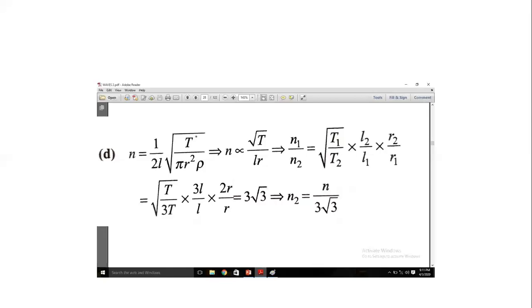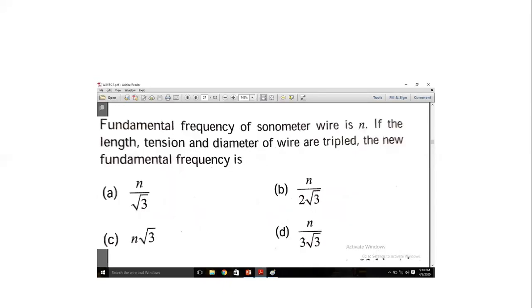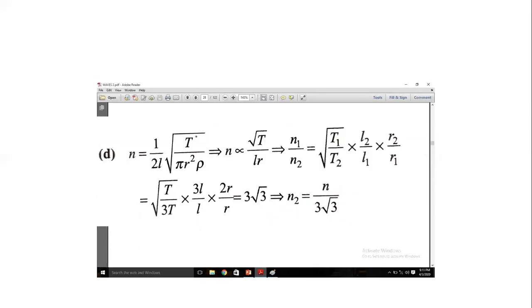I am once again repeating, just recall the expression for the frequency of vibration of a stretched string. That expression was N equals P divided by 2L into root of T by m. T is tension and m is linear mass density, L is the length of the wire, and P stands for the number of loops. Since it is the fundamental frequency, the number of loops equals 1.